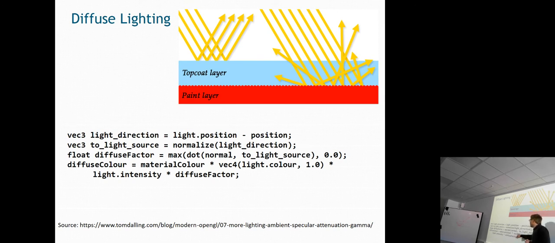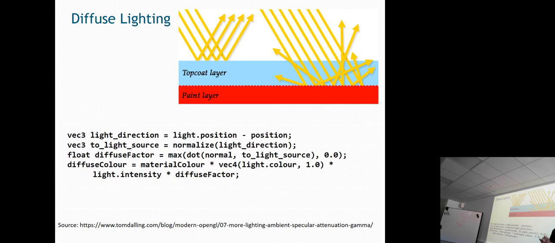Then we calculate the diffusion vector. Let's say that's the light source, here's the normal, and we need to figure out that angle here. I always use theta to represent this. So we need to find out that angle, and we do this using the dot product of the normalized vector to the light source and the normal of the object we're dealing with.